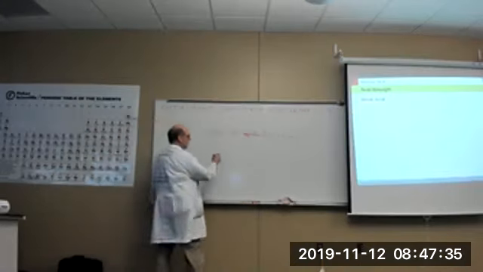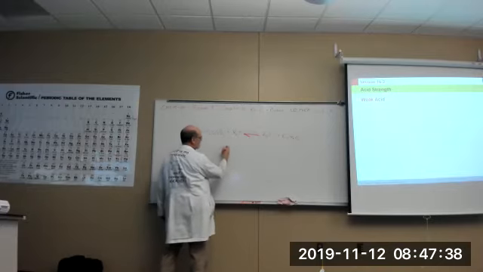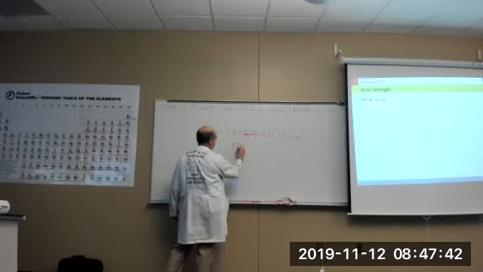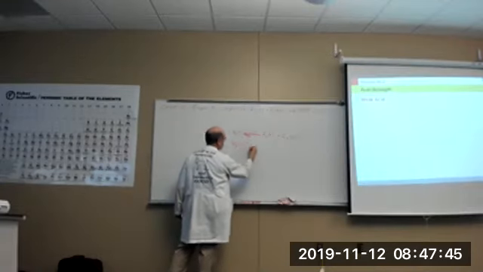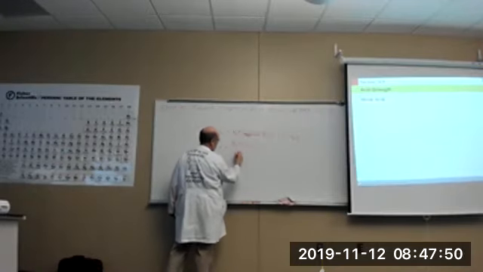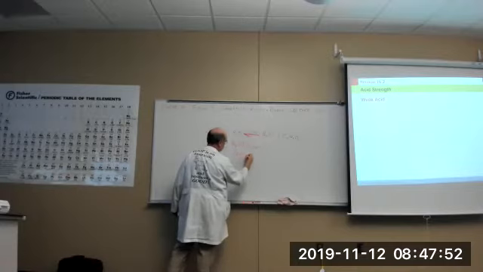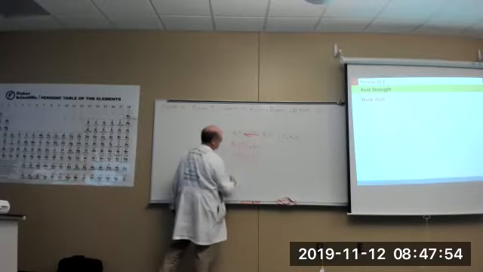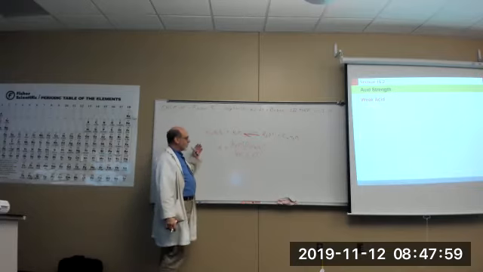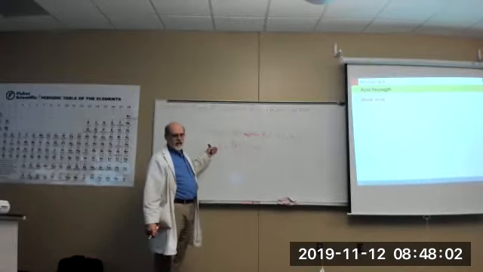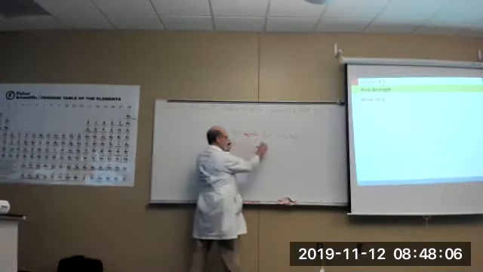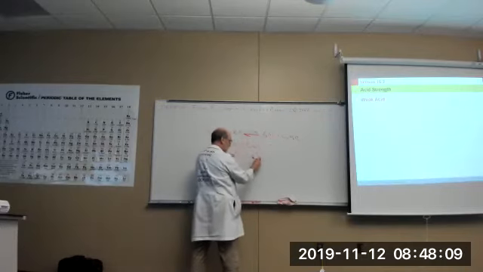So let's go back to the K expression, right? Our expression here would be hydronium, acetate, divided by the undissociated acid. Okay? So now, knowing that this is a weak acid, K is going to be a very small value, much less than 1, because these values are small, and this value is large.